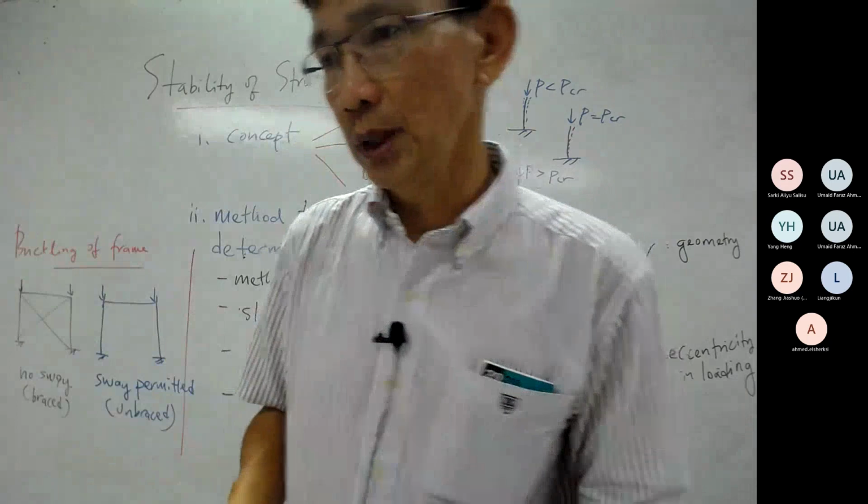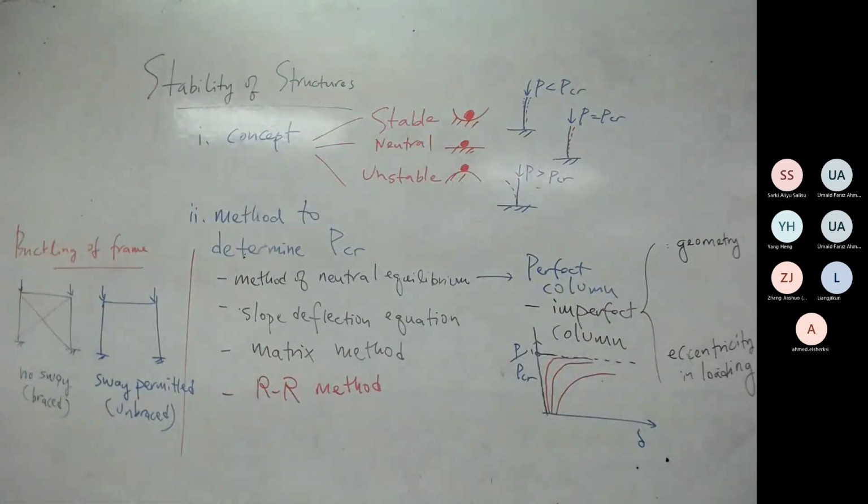What will be the lowest possible buckling mode for each case? And if you need to estimate the range, for the unbraced one the P critical is always lower than the braced one, because this is allowed to sway. So we talk about the lowest possible buckling mode shape.